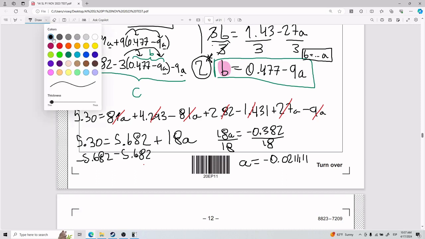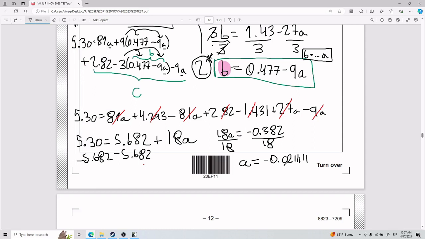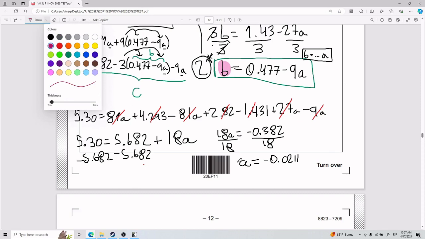If you do significant figures, however, you skip the zeros and you count 1, 2, 3. Round it up or keep it the same, you keep it the same. So with significant figures, we're going to leave it as negative 0.0211. So this, ladies and gentlemen, is my value for A.